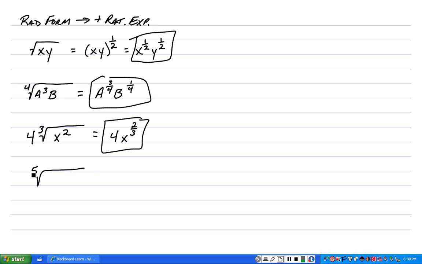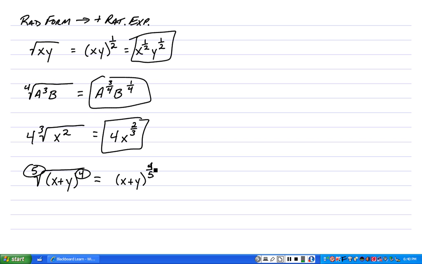And one more. Let's say the 5th root of (x plus y) to the 4th. We just did one like this in reverse on the last screen. So this whole x plus y is in parentheses. So we're going to take the whole x plus y and raise it to the 4th over 5th root.